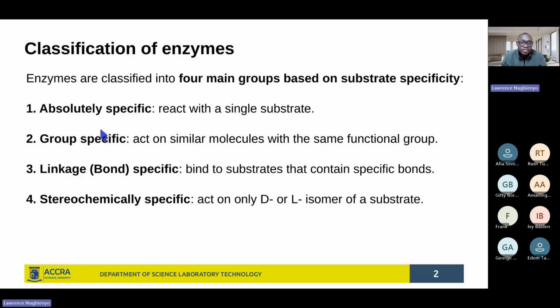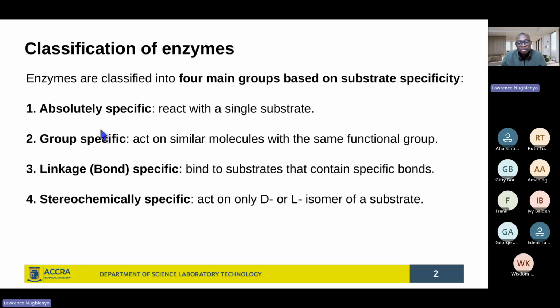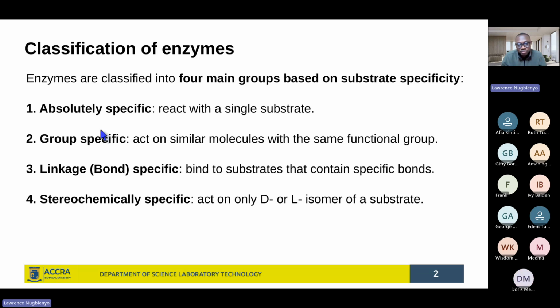So what we say, absolute specific enzymes. These are enzymes that react with a single substrate. So only one substrate. Then we have group specific enzymes. These act on molecules that have some similarity, particularly in functional groups.